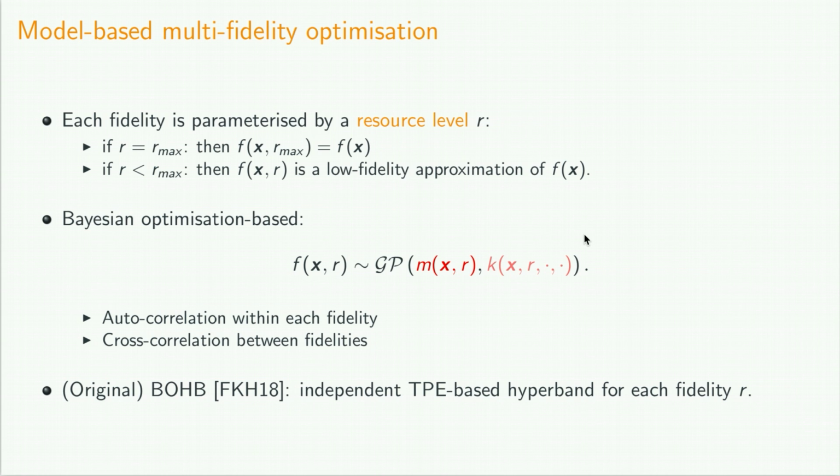And we capture the cross correlations between fidelities as well. So we can learn from one low fidelity, and transfer information to higher fidelity regimes as well. The original paper looking at that was BOHB, which was based on a TPE-based Hyperband, where we had an independent model for each fidelity.